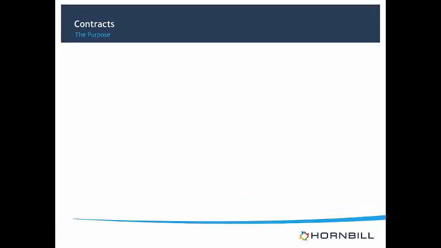So we've got organisation contracts, or we could call them service desk contracts. These are really great for managed service providers, giving you the ability to say what contracts are applied to an organisation.